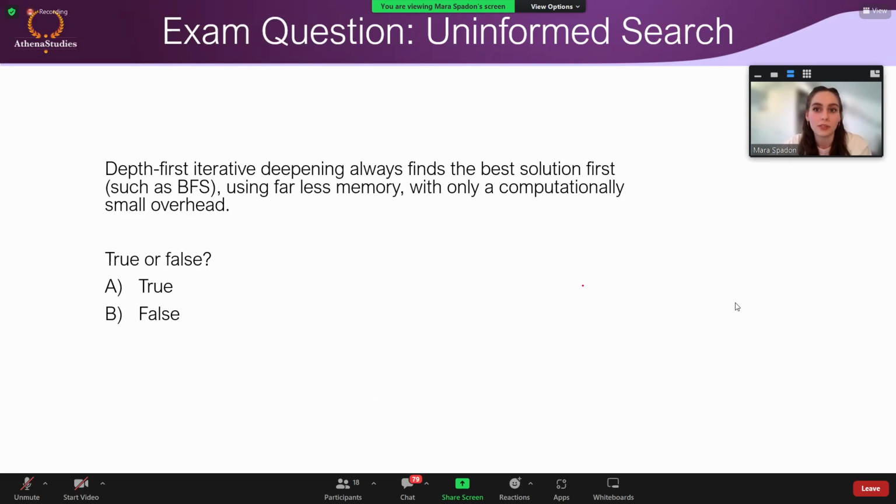Next question about uninformed search. Depth first iterative deepening always finds the best solution first, such as breadth first search, using far less memory with only a computationally small overhead. So depth first iterative deepening, just like breadth first search, always finds the best solution first, using less memory, but with a computationally small overhead.